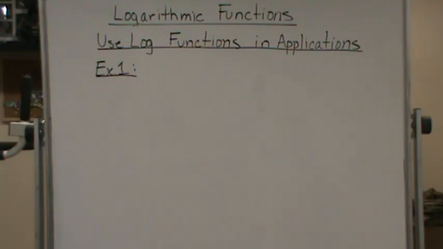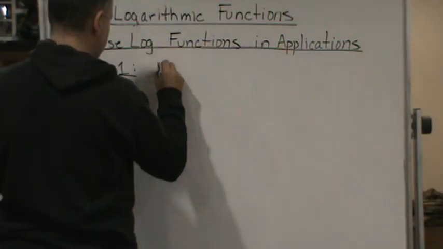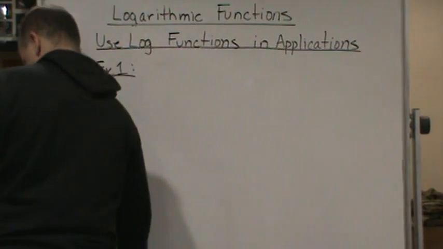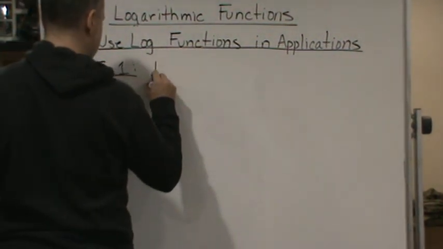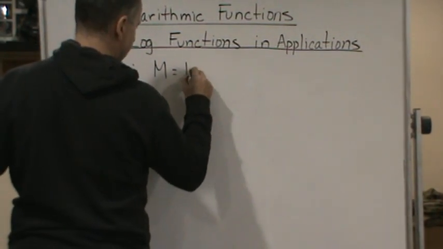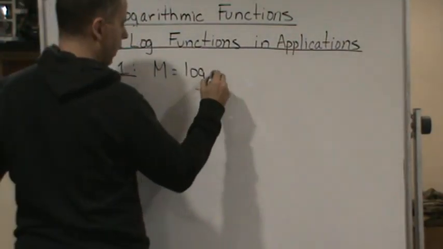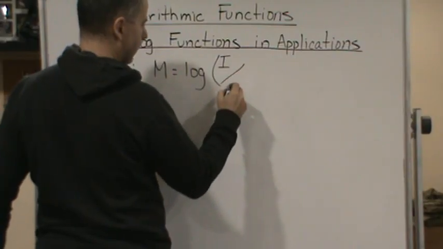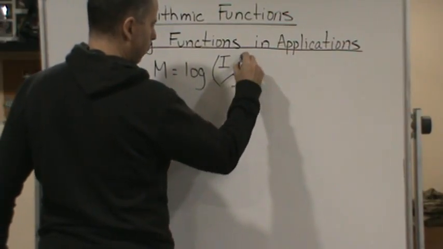The magnitude M of an earthquake of intensity I is given by the following. Okay, so we have this formula. The magnitude M is equal to the log of the ratio of the intensity of the earthquake divided by the reference intensity.